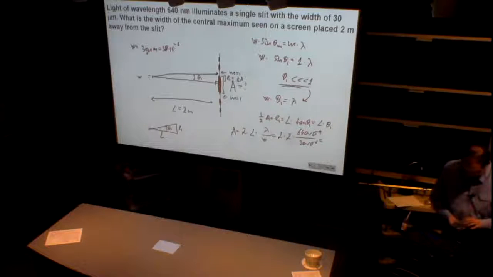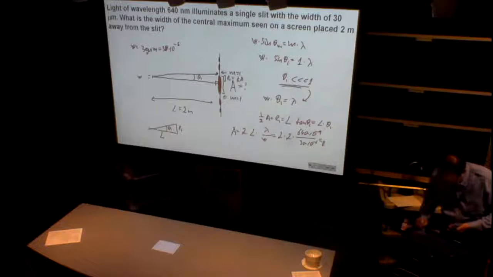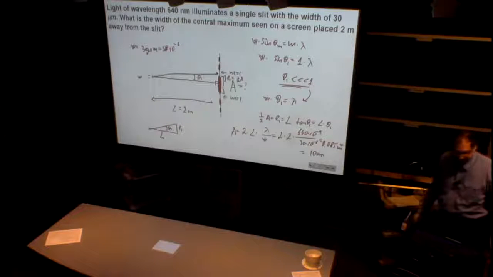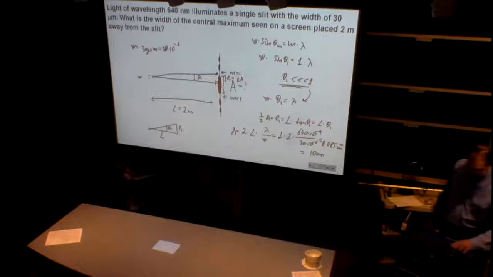Four times 640 nanometers divided by 30 micrometers, 0.085 meters, or about, well, 10 centimeters. That's good enough. This is how wide it should be.